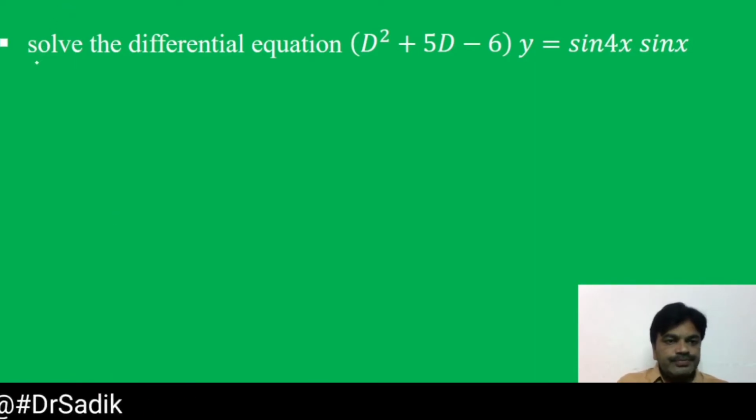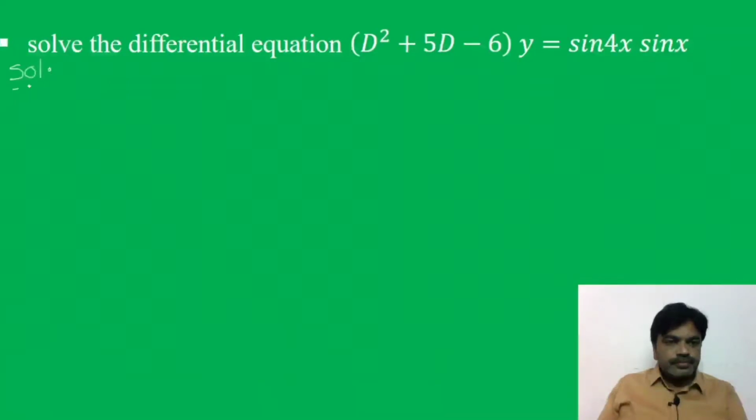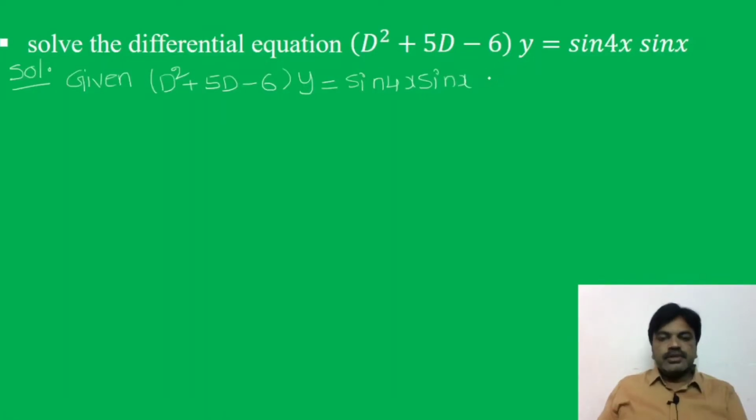Solution. Given (D square plus 5D minus 6)y equals sin 4x into sin x. Now, we have one formula here, friends.